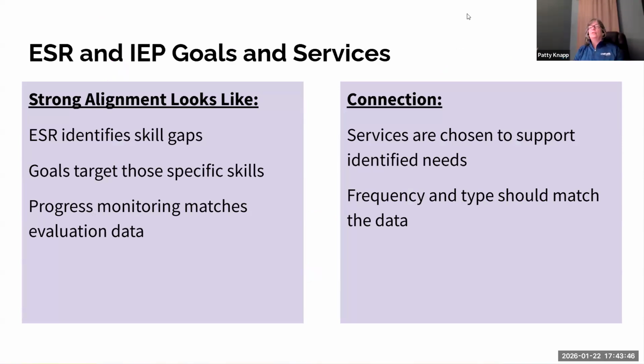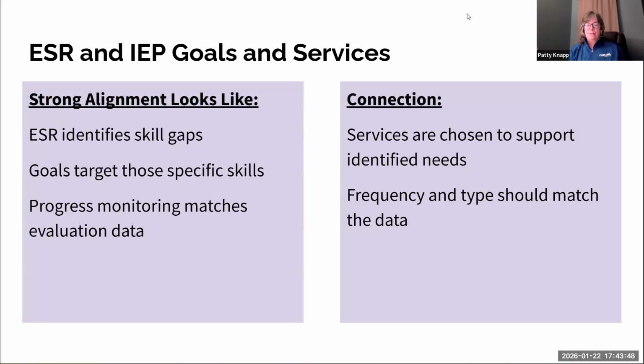All right, ESR and IEP goals and services. So there should be a strong alignment. The ESR identifies those skills gaps for the student, be it academically, through communication, or occupational, like fine motor, gross motor that would be provided through OT services. Goals target those specific skills.